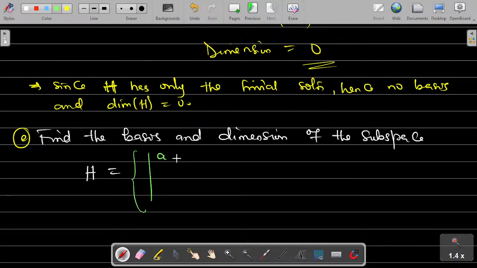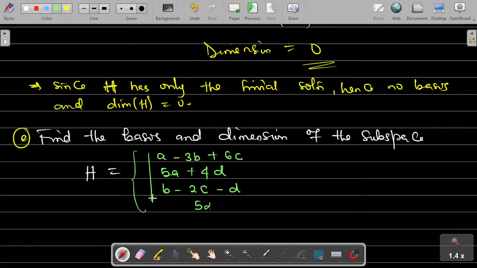So we have A - 3B + C, 6C, and then we have 5A + 4D, and then B - 2C - D, and then we have 5D.